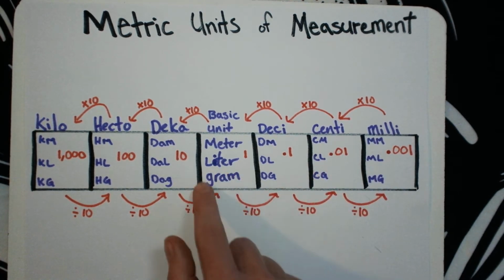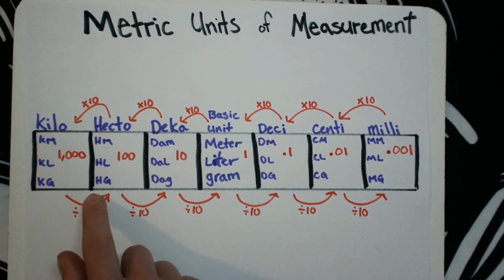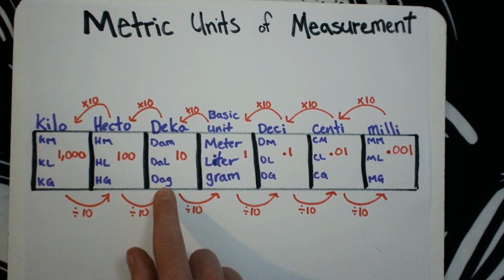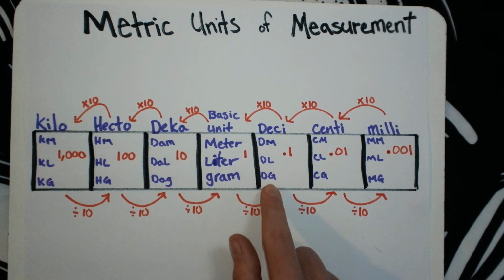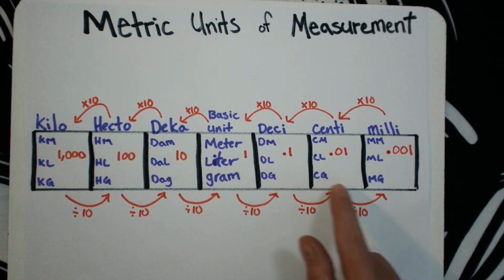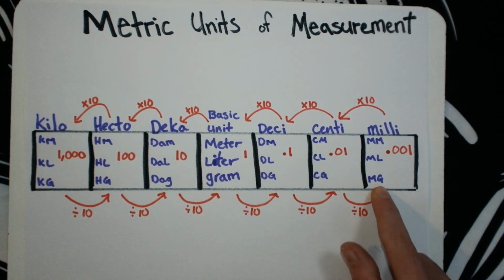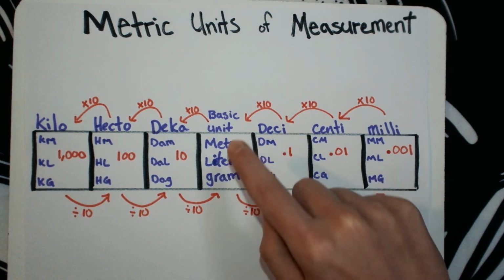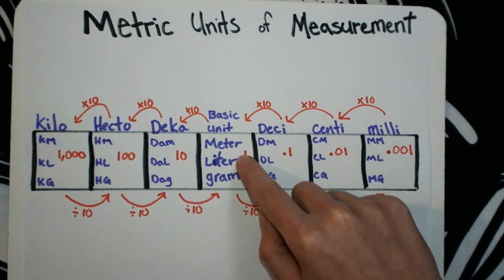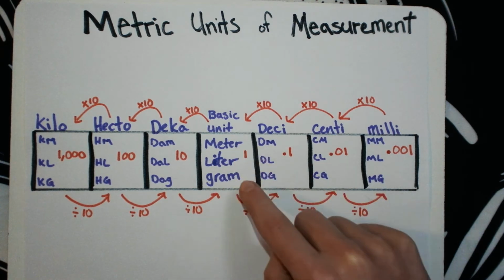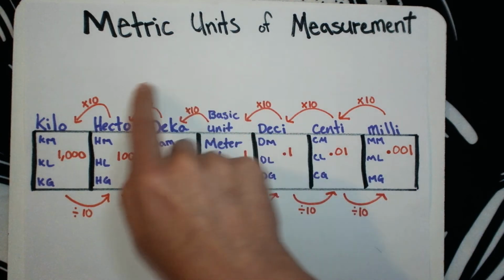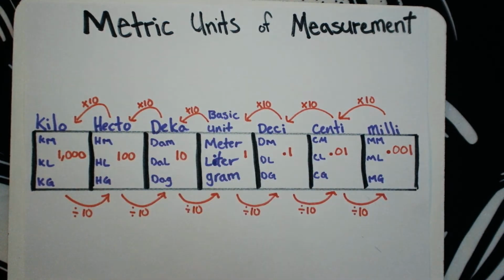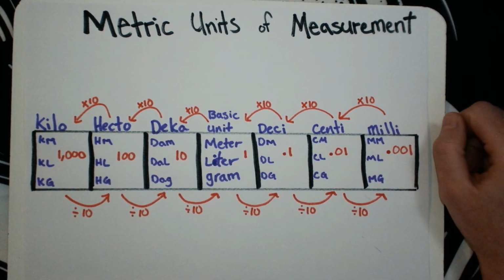You have your grams, kilogram, hectogram, decagram, gram, decigram, centigram, and milligram. And now remember our meter, that's how we measure length or distance. Our liter, that's how we'd measure volume or capacity. And we have our gram, which is how we would measure weight. So all of these are going to be used in our metric system of measurement.